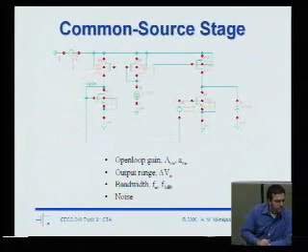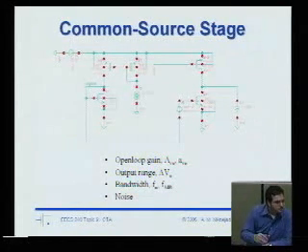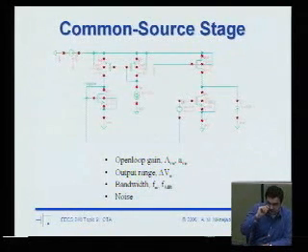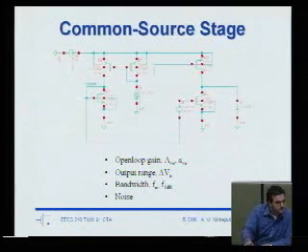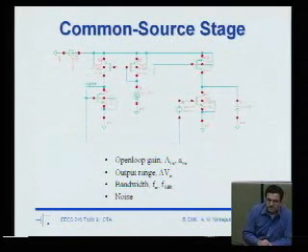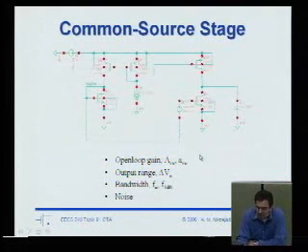Because this is really the heart of any differential amplifier. For differential signals, it's going to be a common source stage or a cascode stage. So we can understand the performance of these half-mode circuits and then gain intuition for what happens in a fully differential circuit.